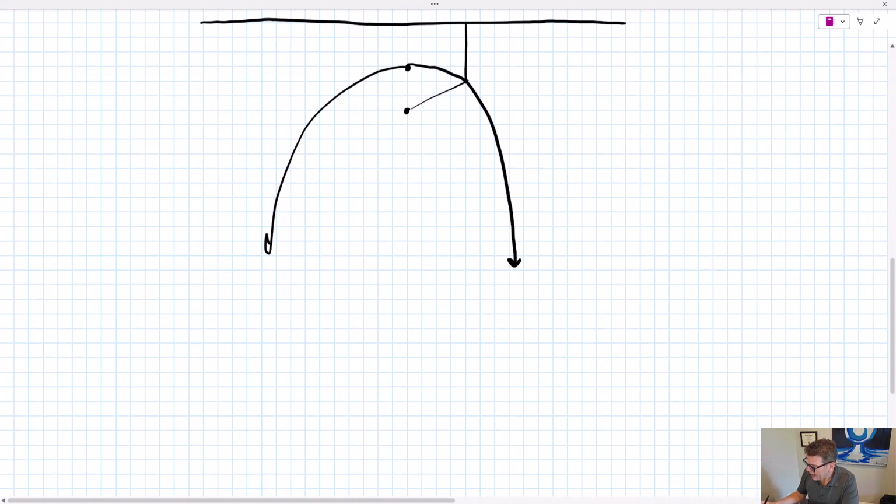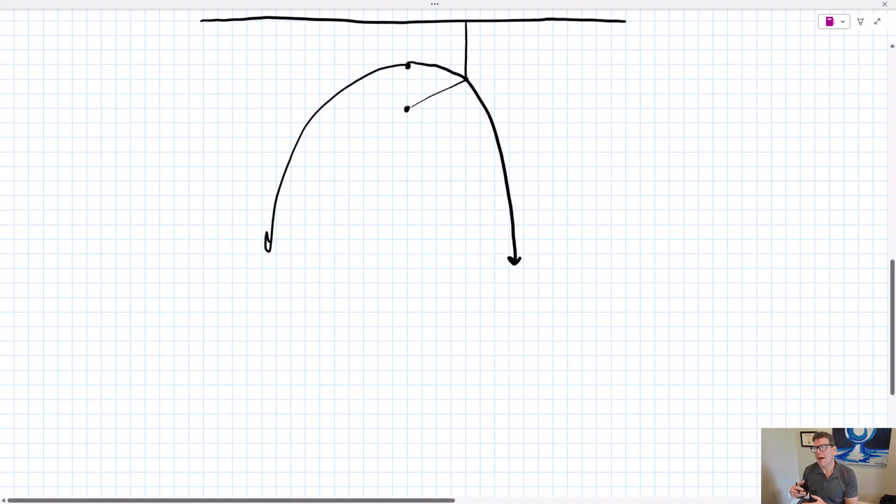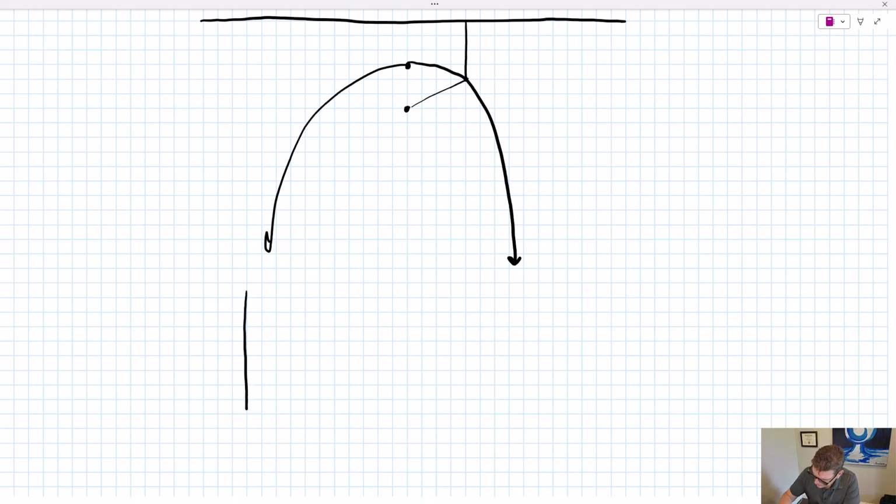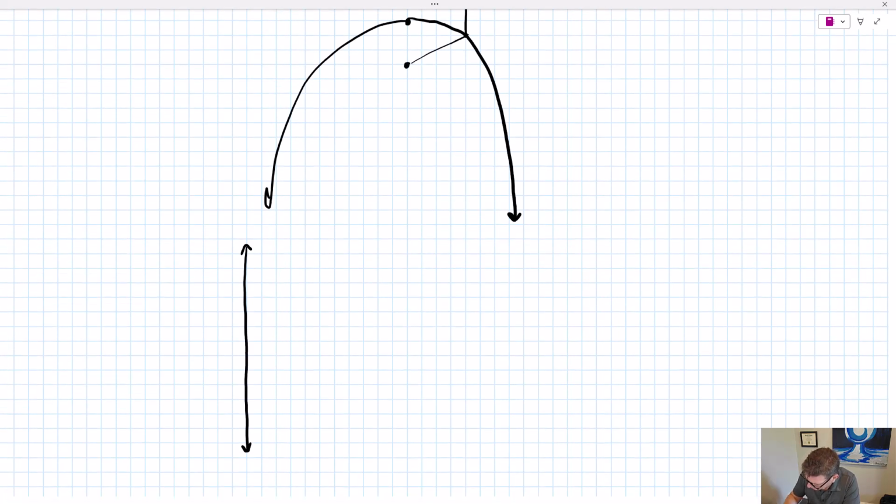Now, we can also have parabolas that open left and open right. So if instead of the directrix being a horizontal line, it's a vertical line. So let's say, for example, it's this vertical line, and we put the focus here, and there's our vertex. You can see now, if we get something that long, we'll have to go a little further out. There's our distance.